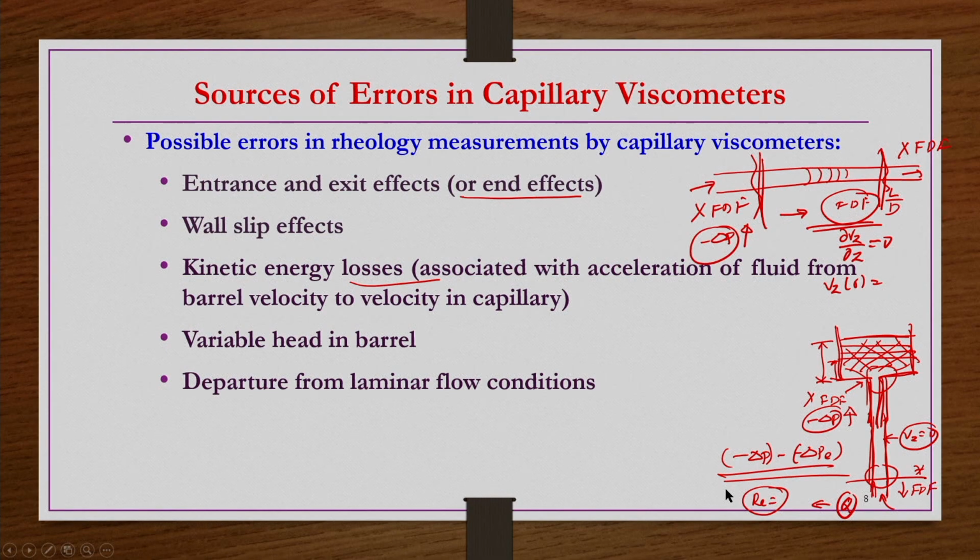So, without calculating the Reynolds number, how can you have a kind of a priori information from simply a minus delta p versus Q plot, so that you can understand whether the flow is in laminar or turbulent conditions, because all our analysis is for the laminar condition only. If it is deviating from laminar condition, that will again induce some kind of error. So, that is another error that we are going to discuss.